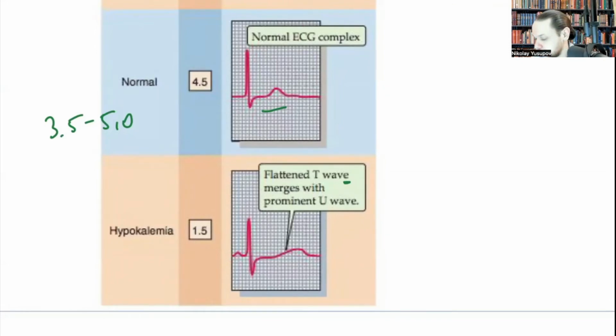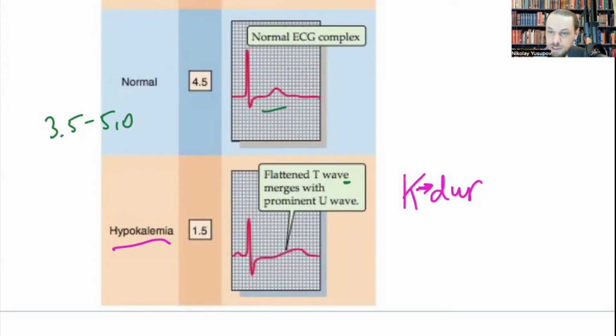On the other hand, a lot of these patients who are prescribed furosemide, they're usually going to put them on a potassium supplement. Why do they do that? So that potassium is resupplied, because you don't want to lose it and then go into this condition. And as you guys know, we cannot rapidly infuse potassium.